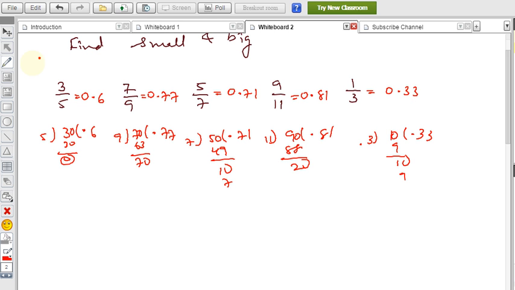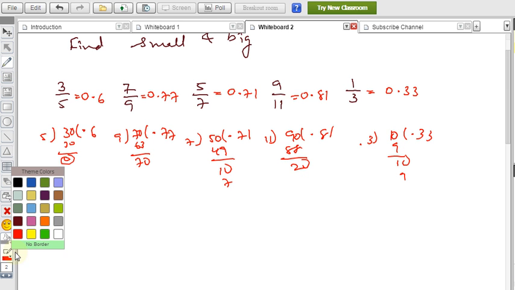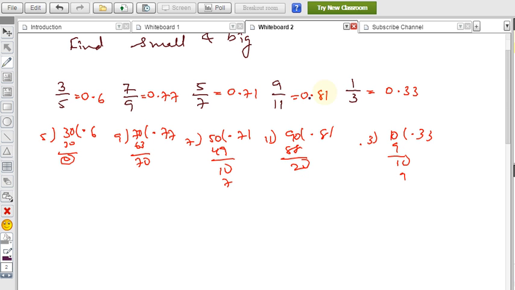So this is one of the methods. When the fractions are simple, we can use this. Now from this data we can say which is the smallest and biggest. This 0.6, this 0.77, 0.71, 0.81, 0.33. So obviously 1 by 3 is the smallest among the given fractions, and 0.81 is the largest among the given data.